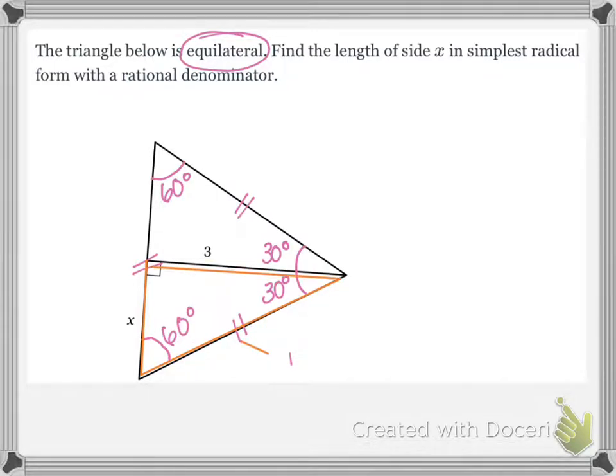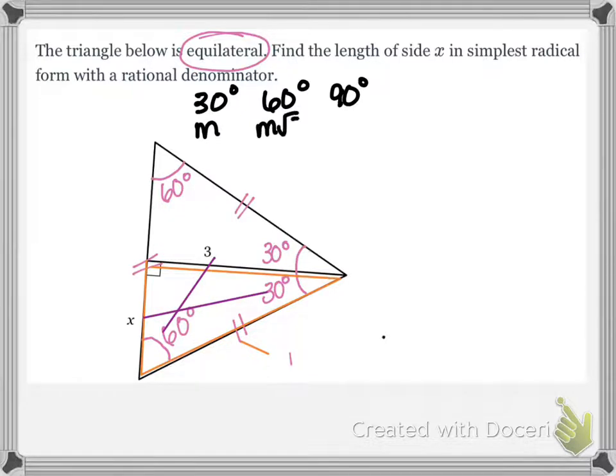All right. So notice that our x is now across from the 30 and that the 3 is across from the 60. So we're going to go set that up. Let's do it over here. 30, 60, 90. m, m square root of 3, and 2m.